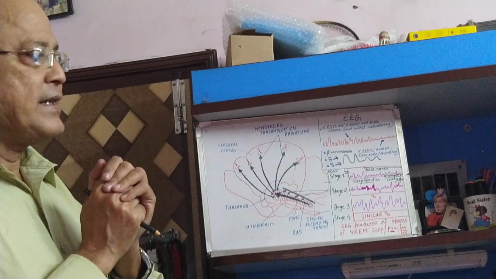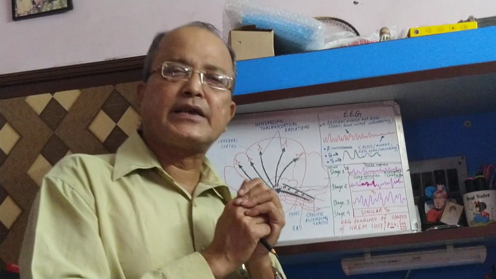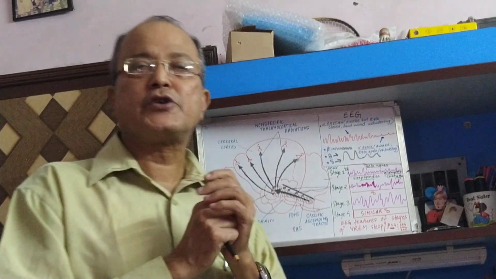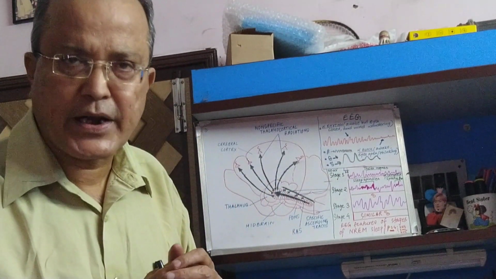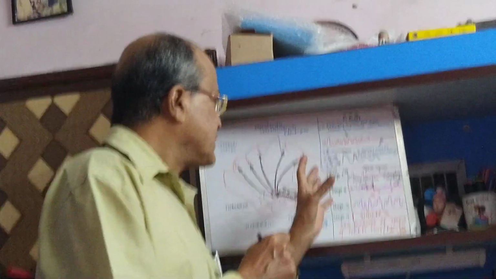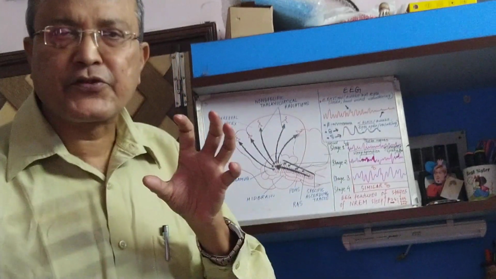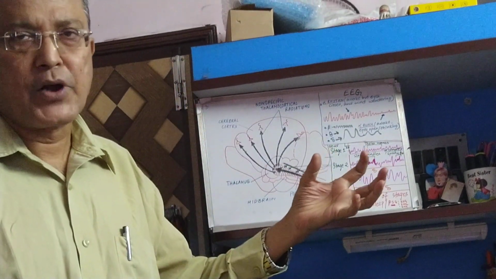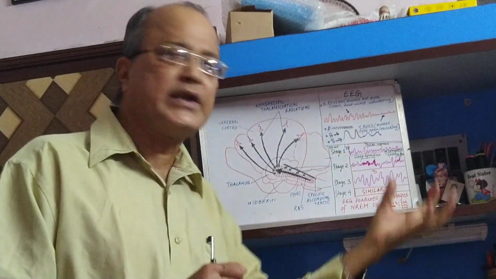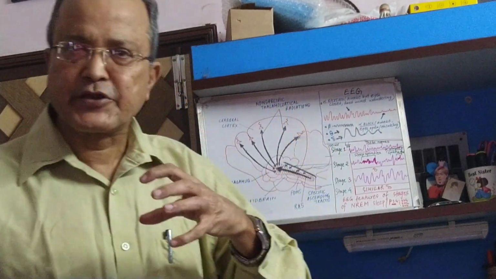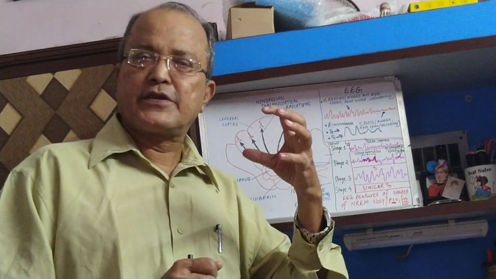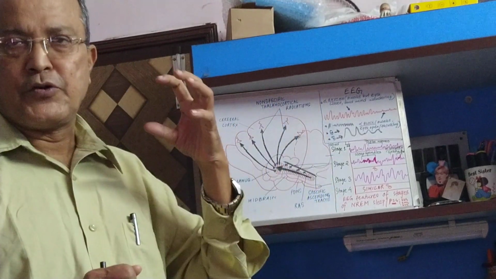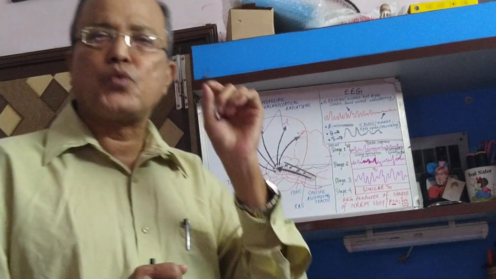Now it has been seen that each sleep cycle is of duration 90 minutes, that is 1.5 hours, of which the initial 70 minutes is for NREM sleep and the last 20 minutes for the REM sleep. That constitutes one cycle.